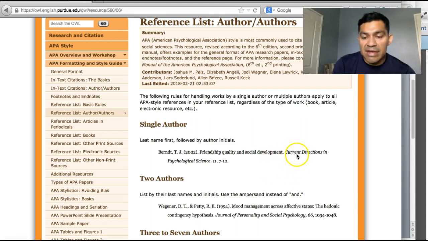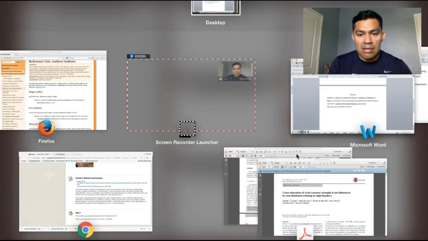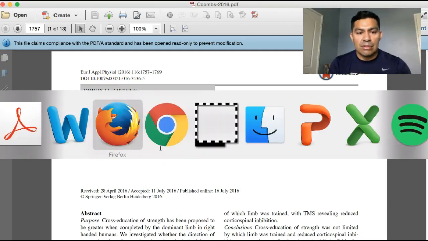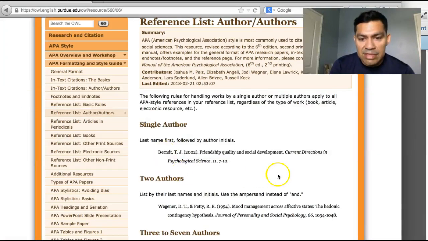And then for the title of the actual journal, in the example I'm giving you, it's the European Journal of Applied Physiology. According to APA rules, you have to italicize the whole title of the journal, and each word will be capitalized.